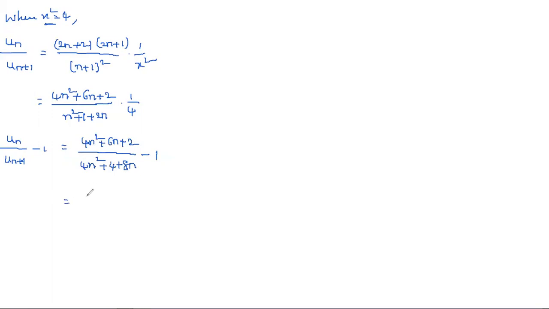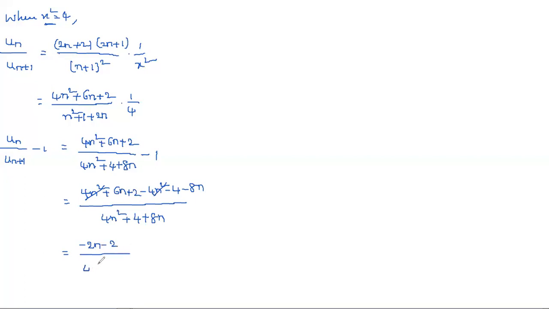So what will we get? 4n square plus 6n plus 2 minus 1 into this total one, so that is nothing but minus 4n square minus 4 minus 8n, by 4n square plus 4 plus 8n. So after cancellation, 4n square minus 4n square, and next 6n minus 8n is nothing but minus 2n, and 2 minus 4 is nothing but minus 2, by 4n square plus 8n plus 4.